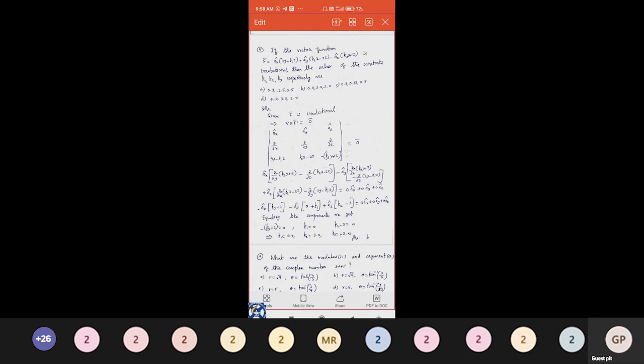Expanding with respect to first row, ax cap, leaving first row and the first column, it is dou by dou y of (minus k3 y plus z) minus dou by dou z of (k2 x minus 2z). And then minus ay cap, leaving first row and the second column, we have dou by dou x of (minus k3 y plus z) minus dou by dou z of (3y minus k1 z), plus az cap, leaving first row and the third column, we have dou by dou x of (k2 x minus 2z) minus dou by dou y of (3y minus k1 z). On the right hand side, expanding 0 vector is 0 ax cap plus 0 ay cap plus 0 az cap.